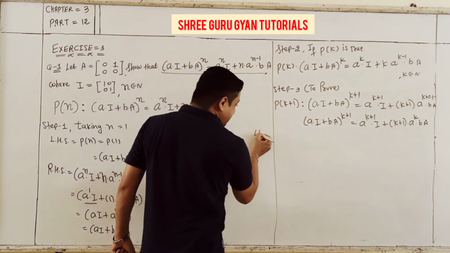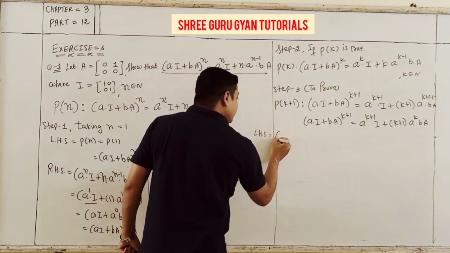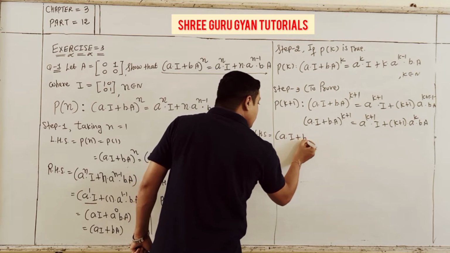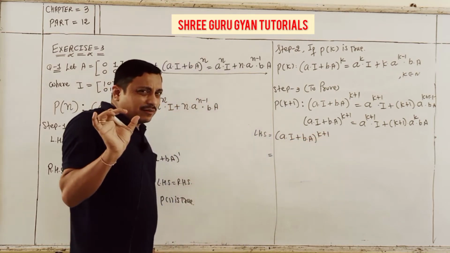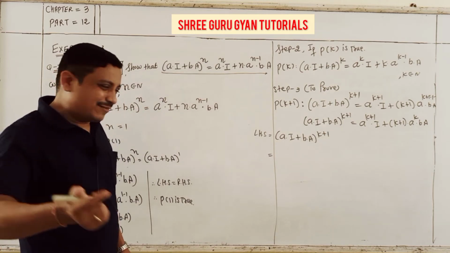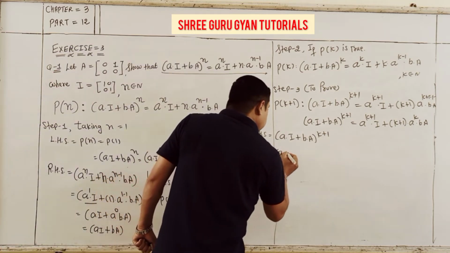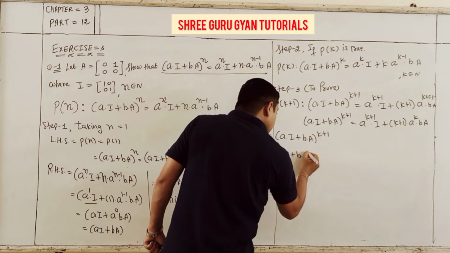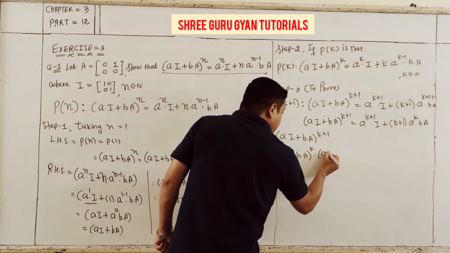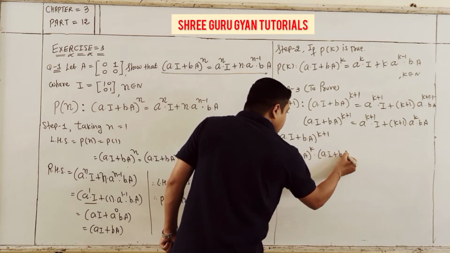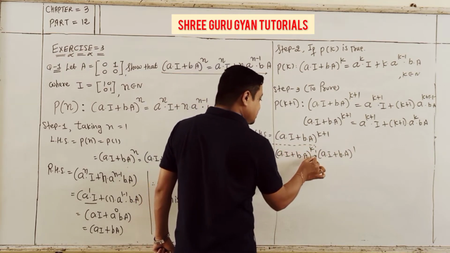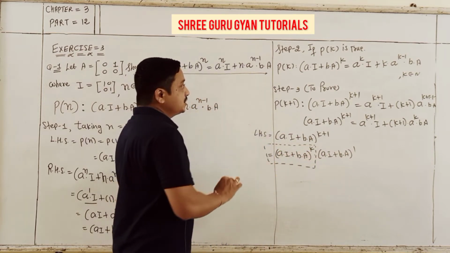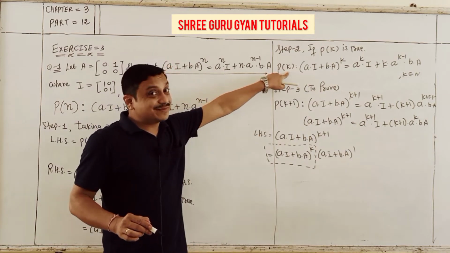My LHS is (aI + bA)^(k+1). Both powers add, so just subtract 1 from the power: (aI + bA)^k and (aI + bA)^1. But that is known, it is exactly your step 2 for power k.